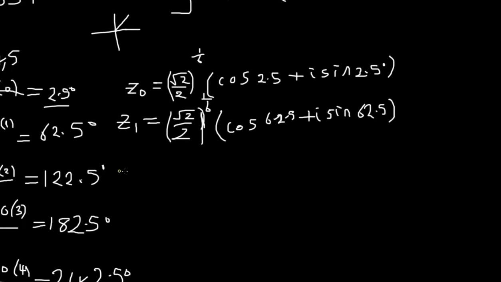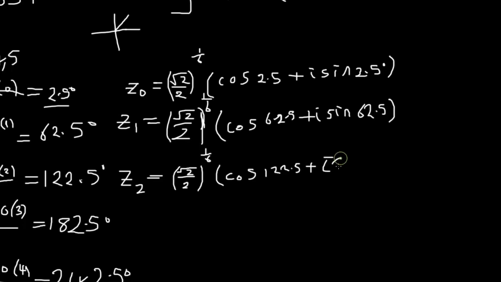You move on to Z2. The solution for Z2 will be the root of 2 over 2, then everything to the power 1 over 6, then open bracket, then cos 122.5 plus I sine 122.5.